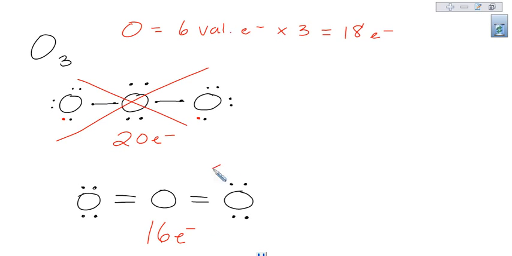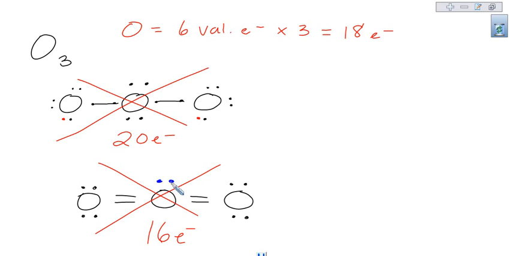This one's short. That one's only 16. It's not right. Now, some people will say, okay, well, you have 18, so let's just throw an extra pair of electrons on here.